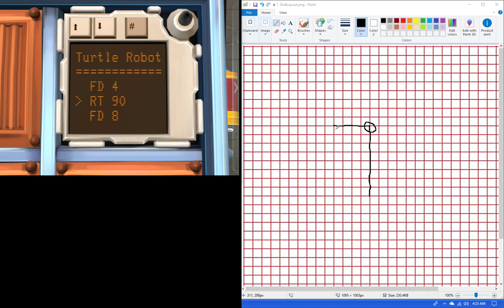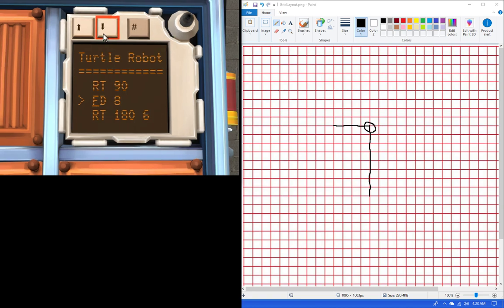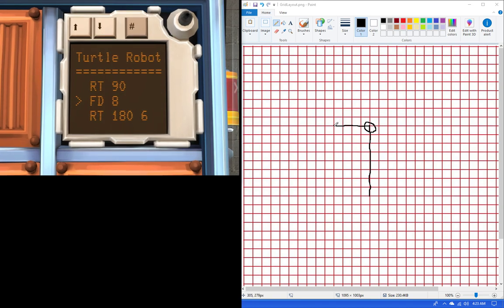So instead of moving counterclockwise like I did with LT, I'm going to move clockwise. So if I do forward 8 now in the new direction I'm in, I go 1, 2, 3, 4, 5, 6, 7, 8. And so this is the RT 90 command.